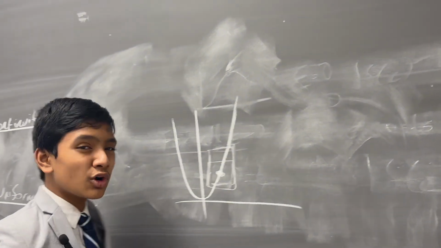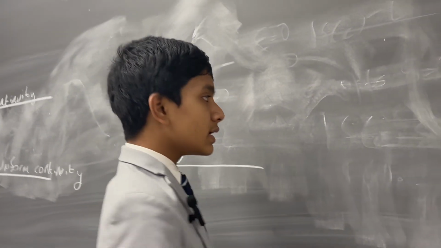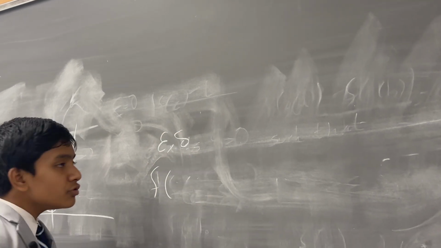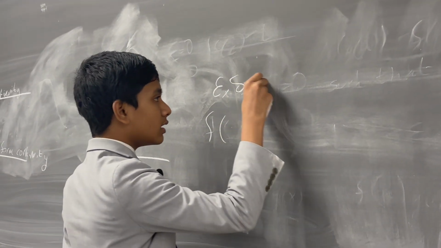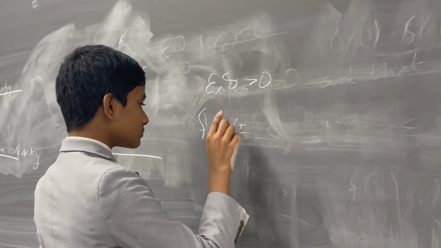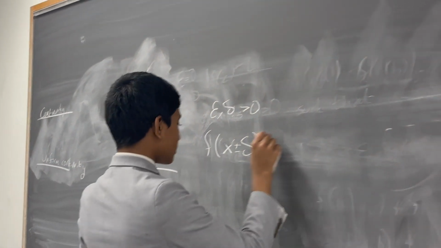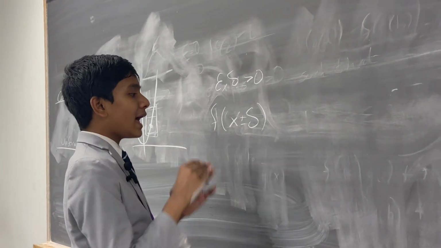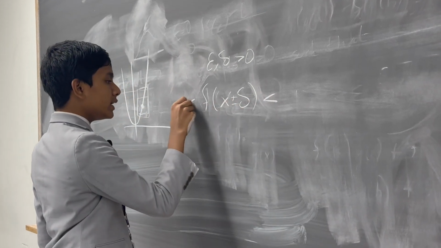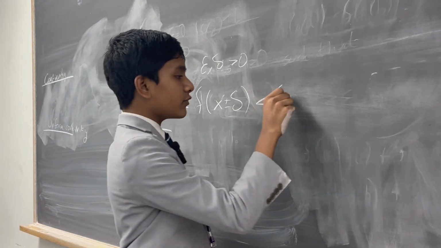Now, obviously, this has no meaning unless I mathematically define it. So what I'm trying to say here is that there exist two fixed numbers, epsilon and delta, greater than 0, such that for all x, f of x plus minus delta is between f of x minus epsilon and f of x plus epsilon.